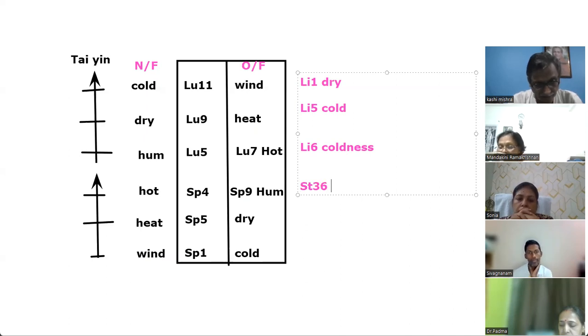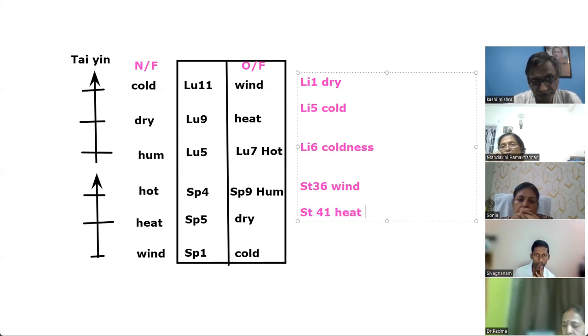And this will be wind. And then the next point will be Stomach 41. And this will be heat. And the last point will be humidity, ST45.